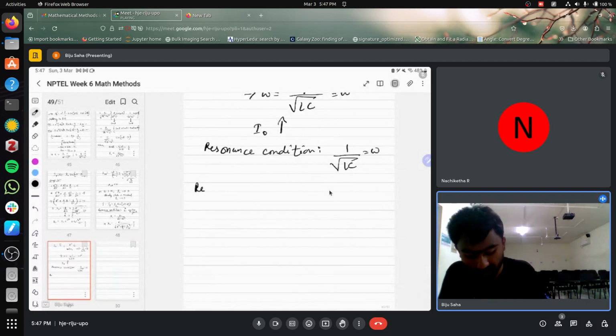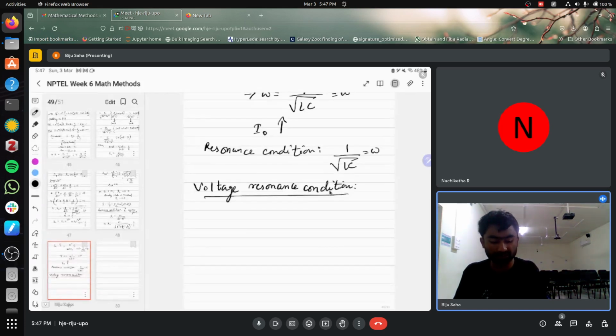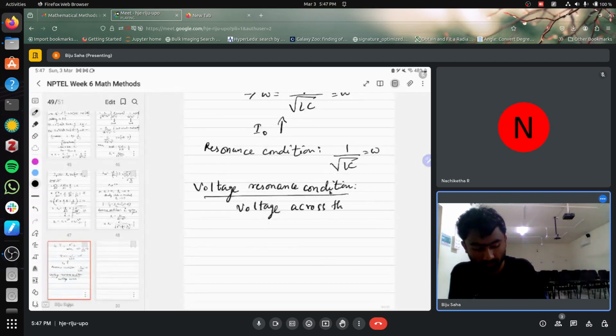So another resonance condition is the voltage resonance condition. This is a condition where the voltage across the capacitor reaches a peak.